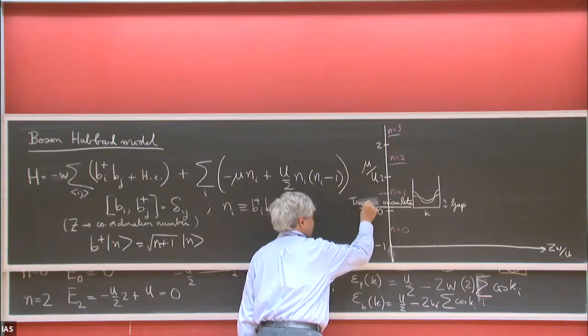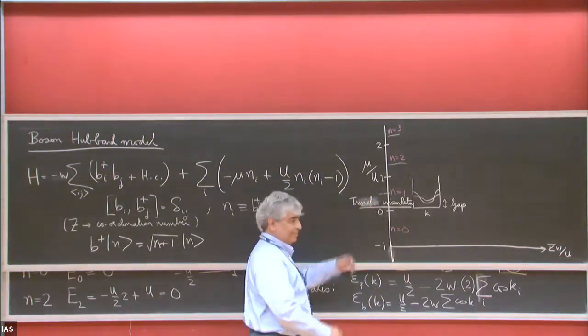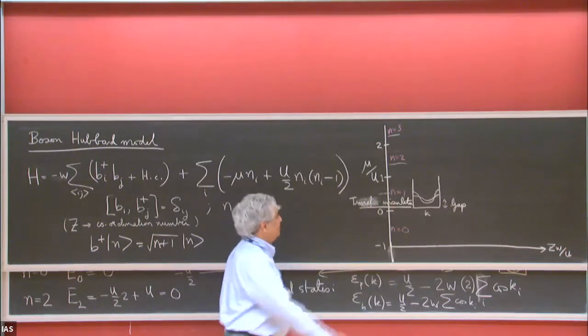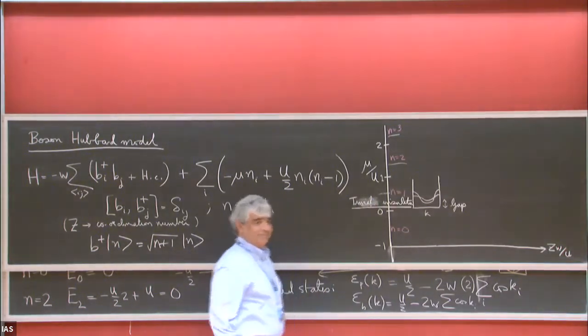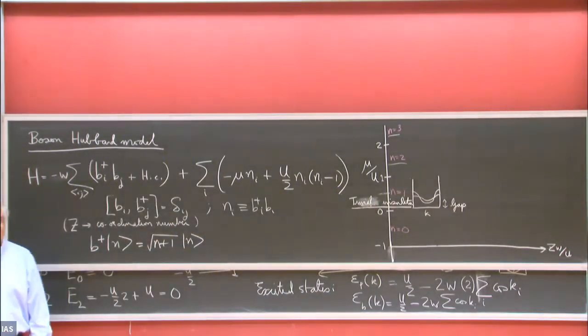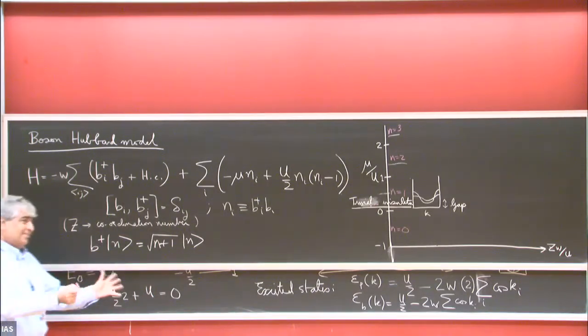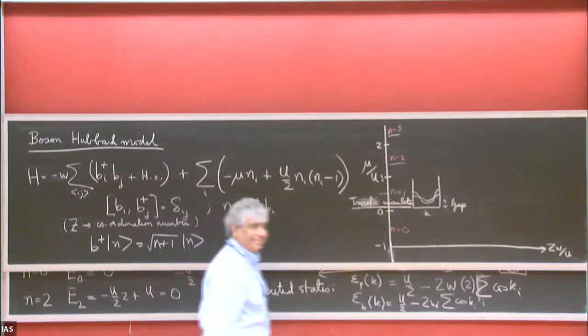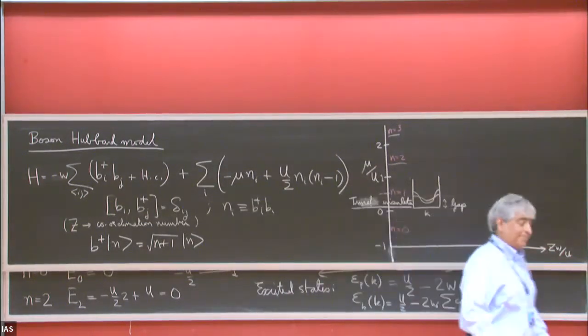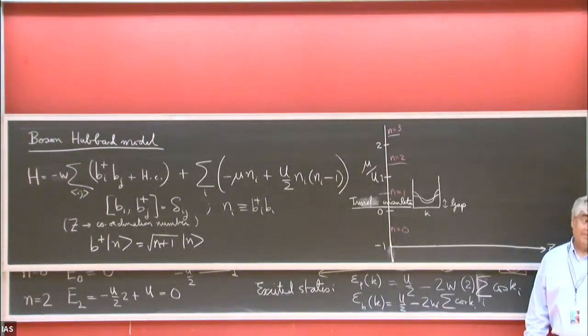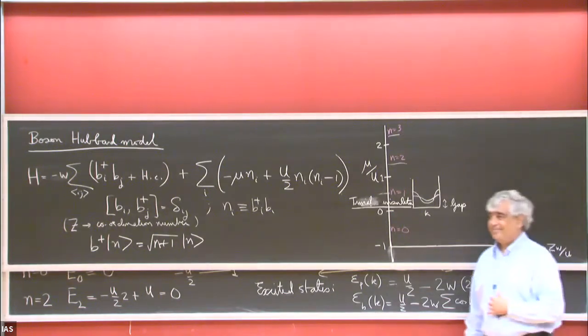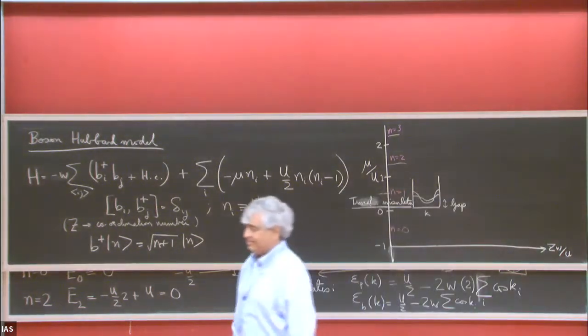People do call it a Mott insulator, but Mott himself never talked about bosons. I think we should reserve Mott for electrons because that's all he talked about. So it's a trivial insulator, but you will find papers that call it a Mott insulator. So, okay, that's probably why I made that mistake.